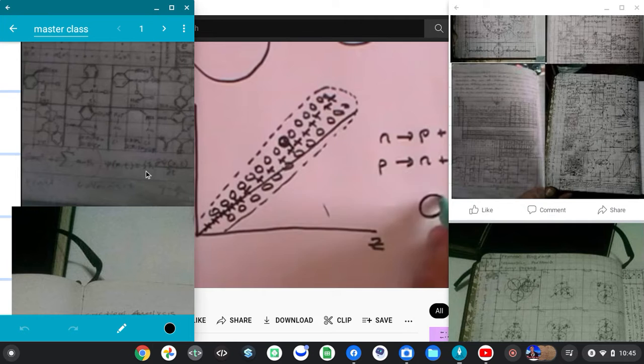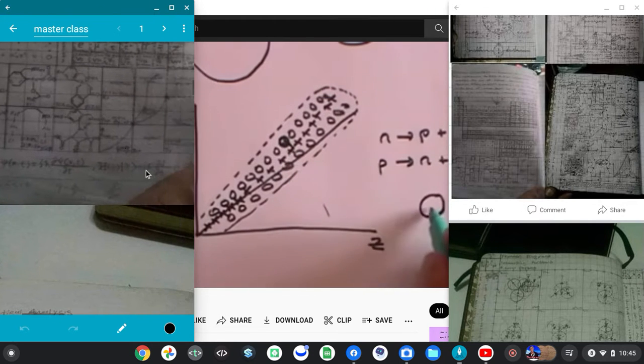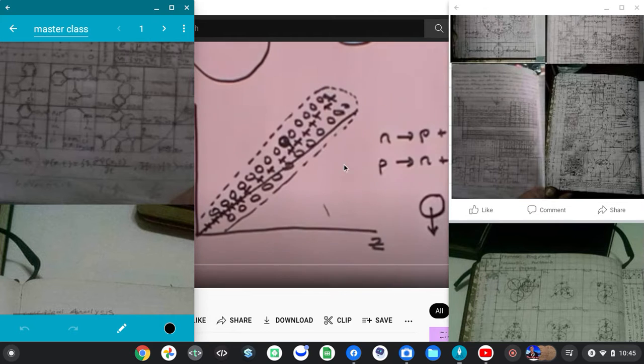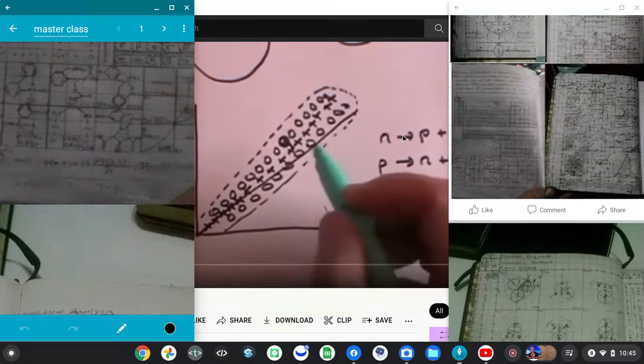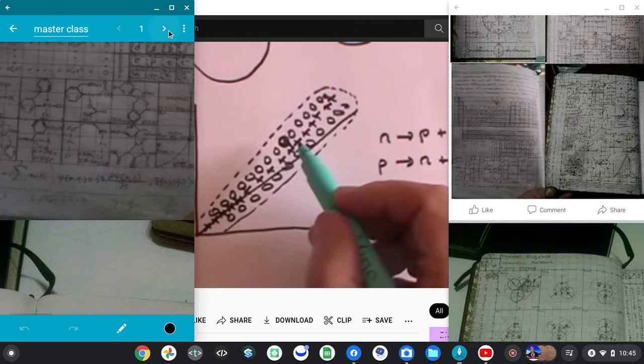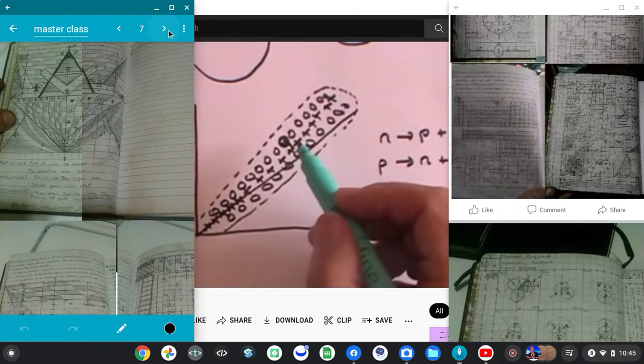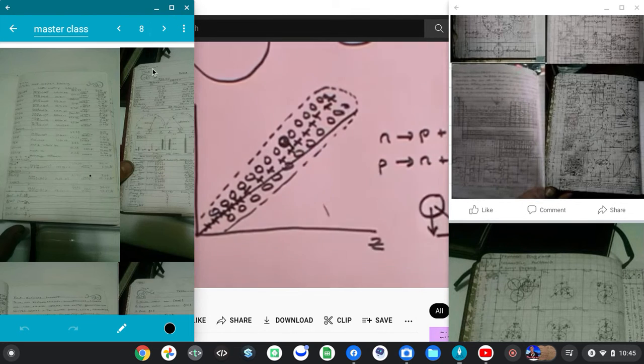If that's your unstable position, you will fall down 1 on the neutron scale, but you'll increase 1 on the proton scale, so effectively you'll fall down in that direction onto a stable nucleus. So you'll become stable by decreasing the number of neutrons by 1, but increasing the number of protons by 1.